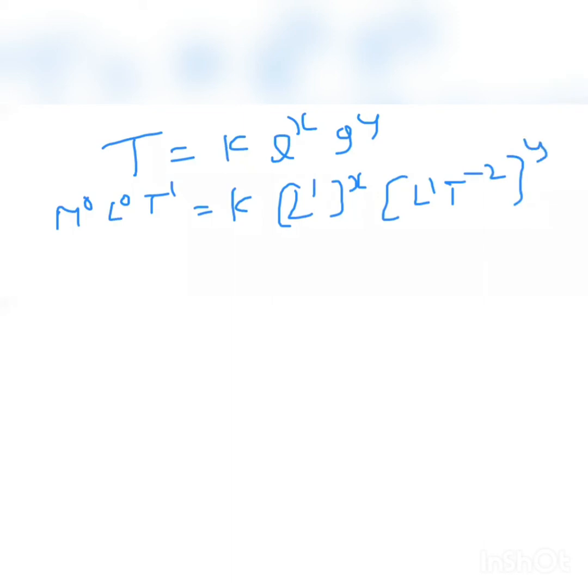That means to derive the relation, we have to know the dimensional formula of all the physical quantities. First, compare. There is only M power 0 here and no M terms, so leave the M term. Compare the L terms on both sides.